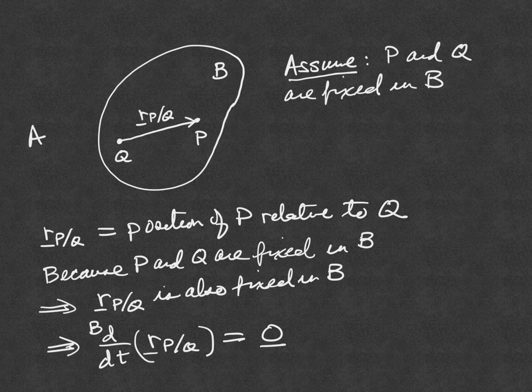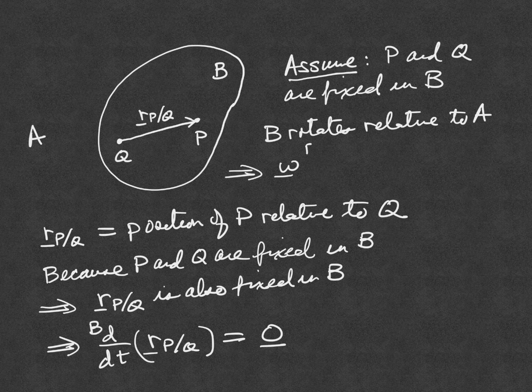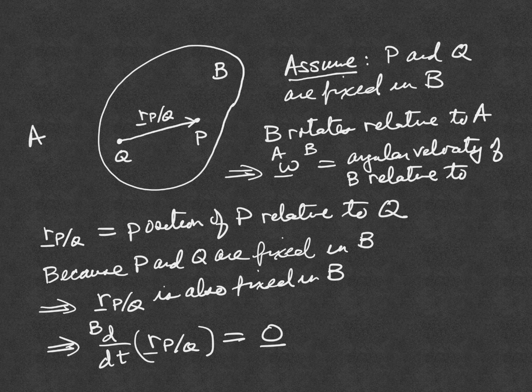And we're going to also assume that B rotates relative to A. And that implies that omega BA is the angular velocity of B relative to A. Now, given that I have that angular velocity of B relative to A, and I know the rate of change of the position of P relative to Q in frame B, I can now compute the rate of change of the position of P relative to Q in frame A by applying the transport theorem.